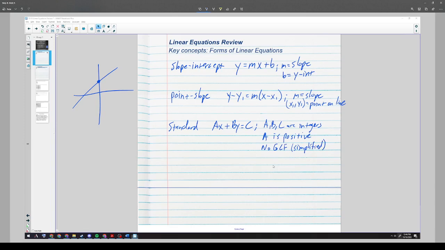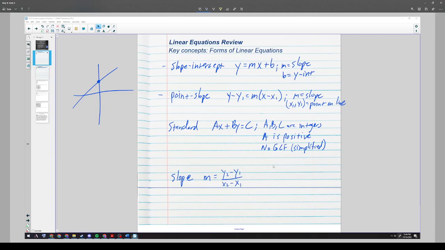Along with those, we often need the slope formula. We calculate slope by basically the same formula as what's shown for point-slope form, just rearranged a little bit. So slope is y2 minus y1 over x2 minus x1. So y2 and y1 come from 2 points on the line, and then x2 and x1 come from the same 2 points in the same order.